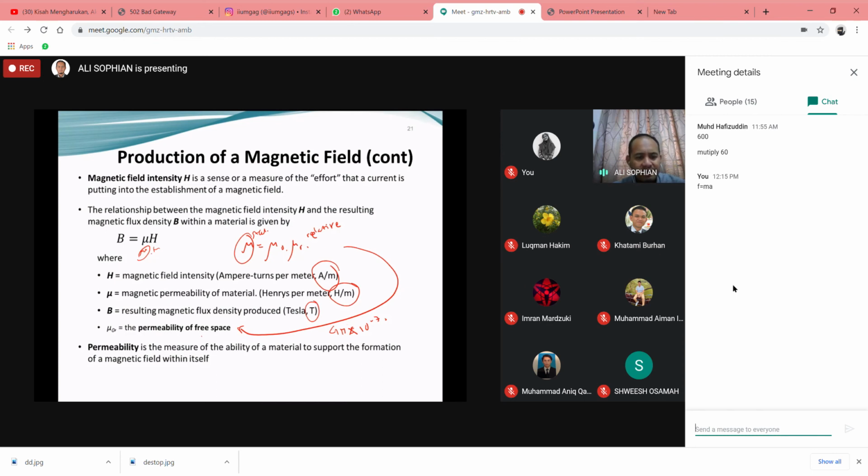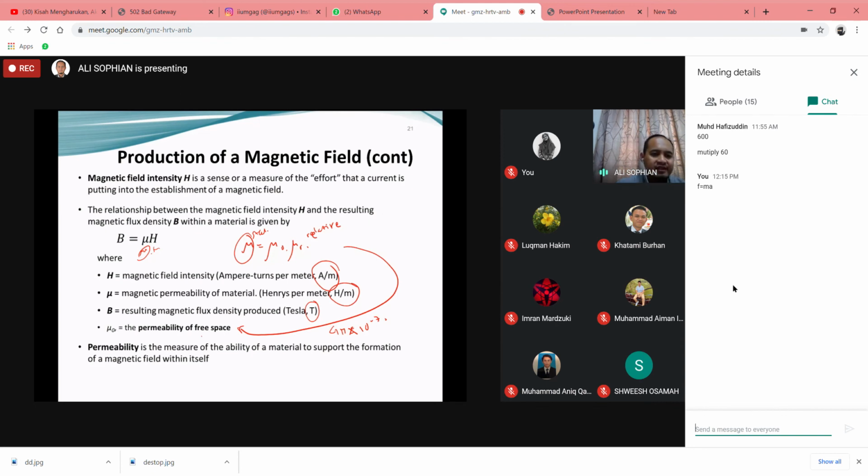Right, and then permeability itself is the measure of the ability of a material to support the formation of a magnetic field within itself. The higher the number, the easier it is to be magnetized, and to create a strong magnet as well.